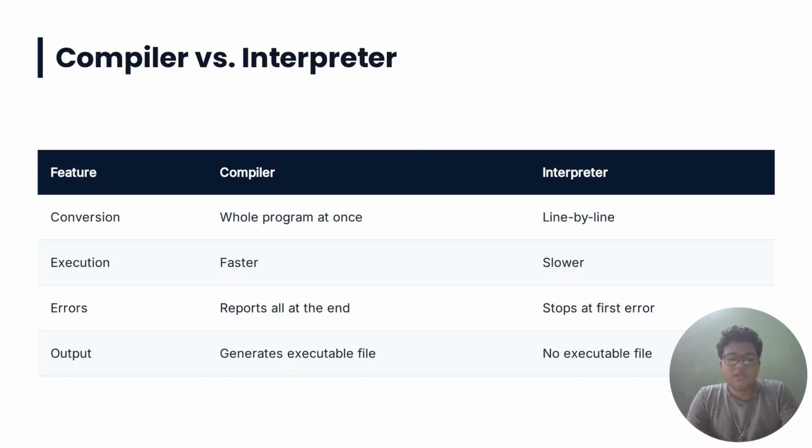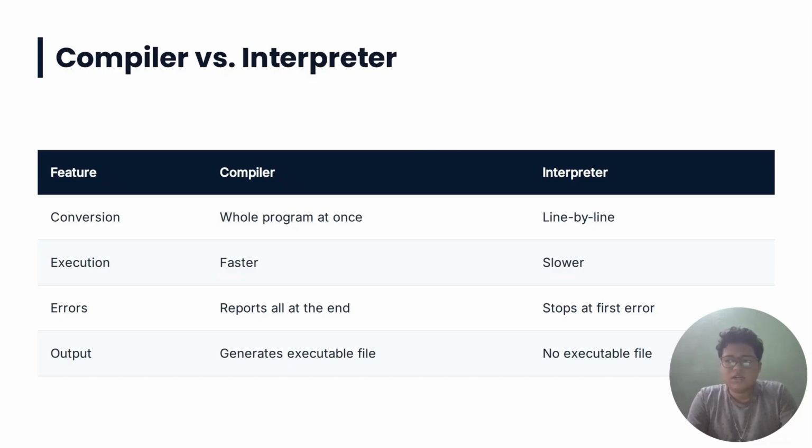When talking about conversion, the compiler compiles the whole program at once, whereas the interpreter converts line by line. In case of execution, the compiler is faster, whereas the interpreter executes slower, because it has to go line by line, so it's much slower. In case of errors, the compiler reports all the errors at the end, whereas the interpreter stops at the first error.